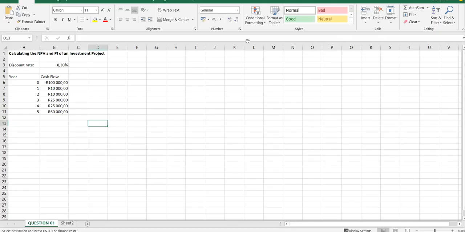So I formulated my Excel spreadsheet model that I can now use to calculate net present value and the profitability index.